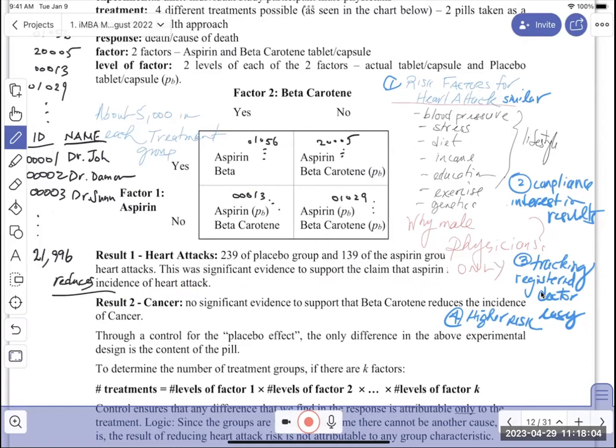In terms of cancer, there was no significant evidence to support that beta carotene, when they compared these 10,000 against these 10,000, reduced the incidence of cancer or cancer death. Any questions?